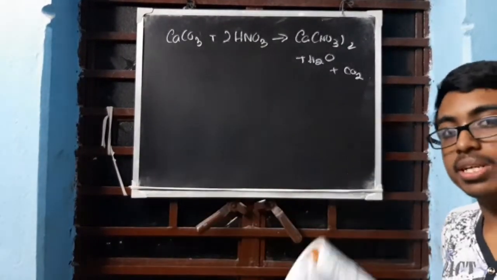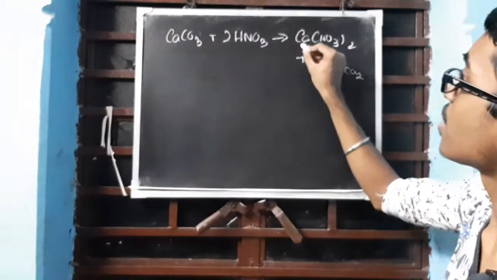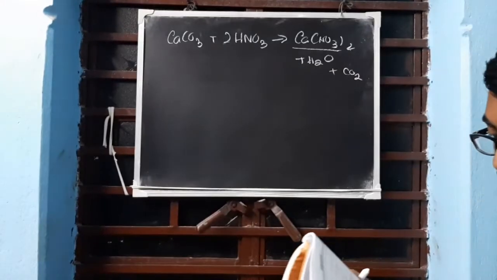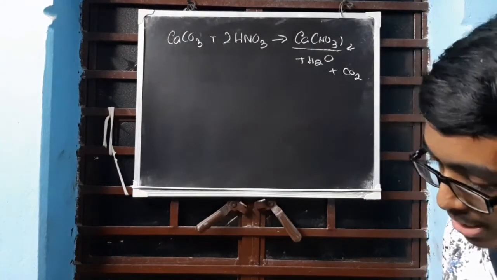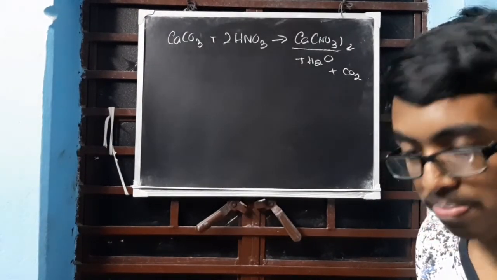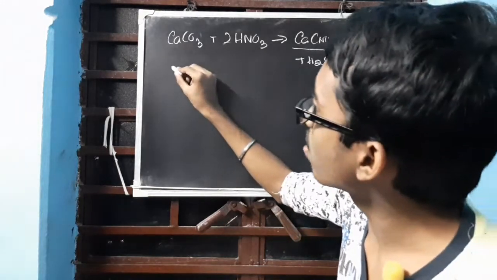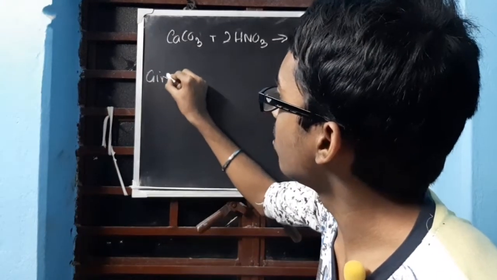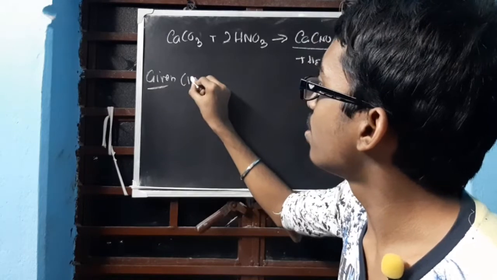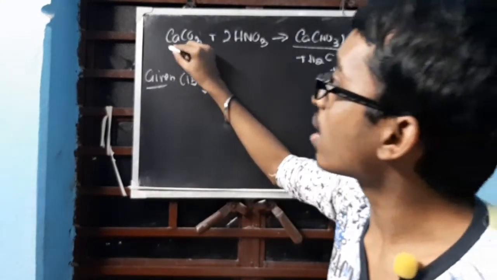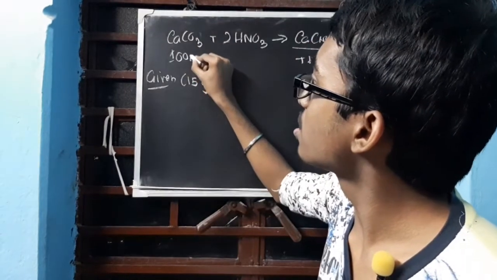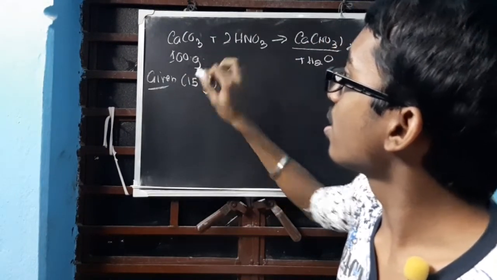So from the equation, how much calcium nitrate is formed? What is given in the question? 15 gram of marble and nitric acid. So let us write the given: 15 gram. What is the molar mass? CaCO3 is 100 gram.